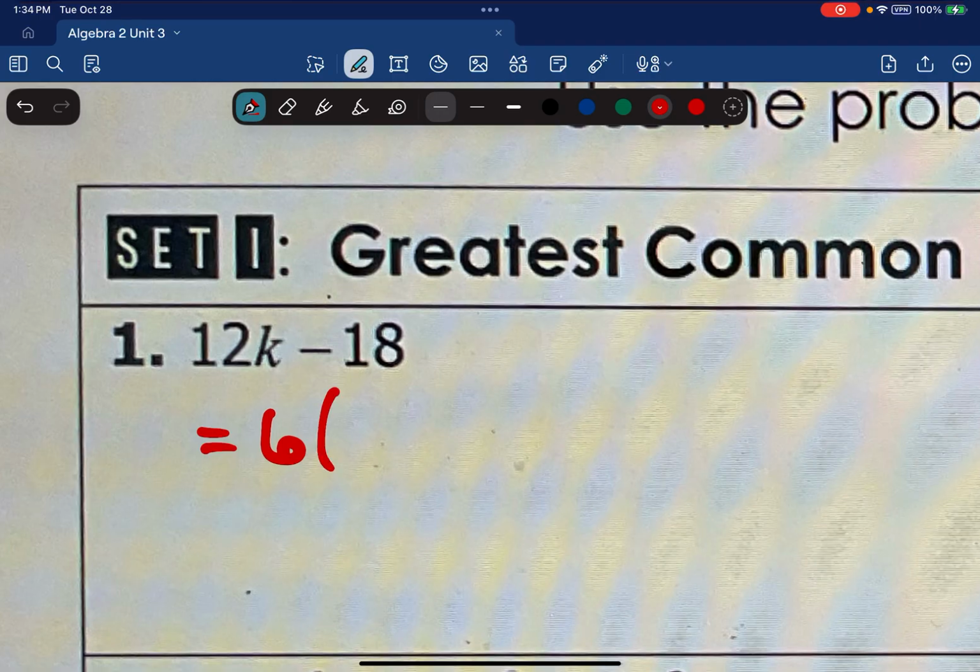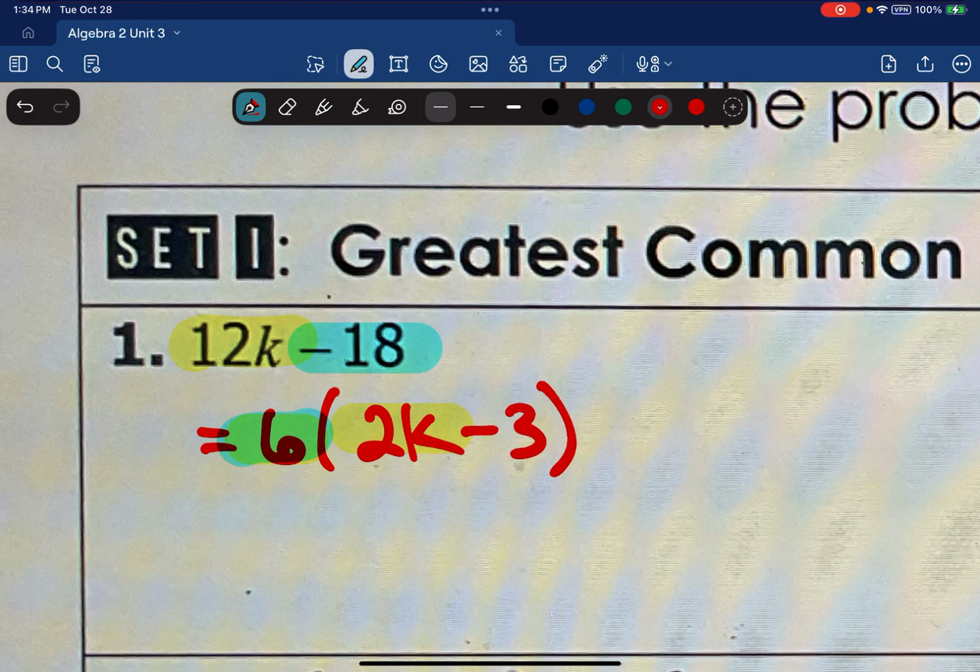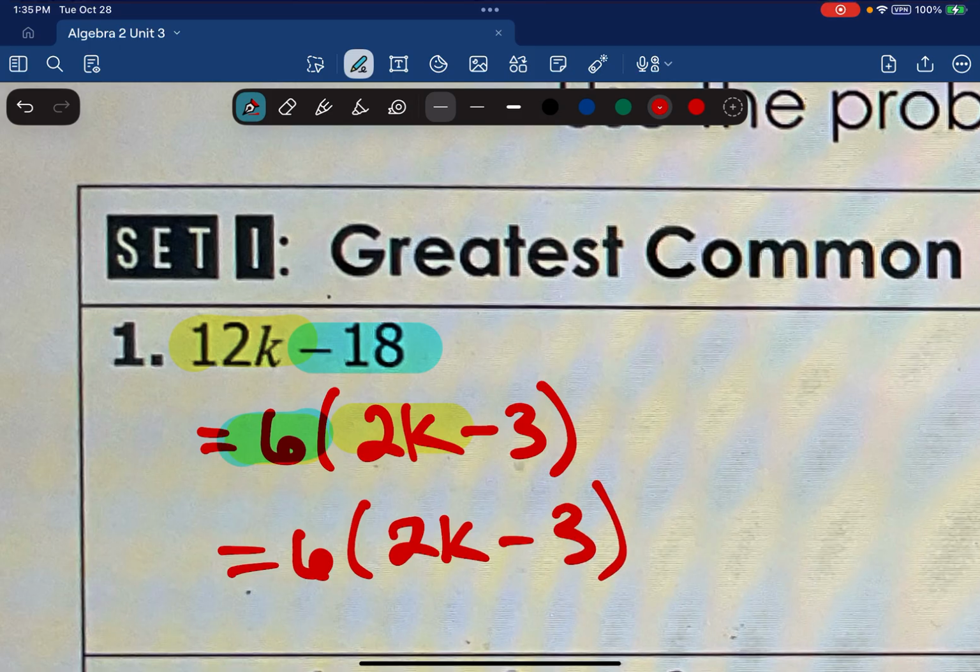I'm going to write 6, and then open a parentheses, and then I'm going to divide. I'm going to take 12k and divide it by 6. What's left over, I write inside my parentheses. So 12k divided by 6 would be 2k. Then negative 18 divided by 6 is negative 3. And that is my factored form: 6 times the parentheses of 2k minus 3. That is our factored form.